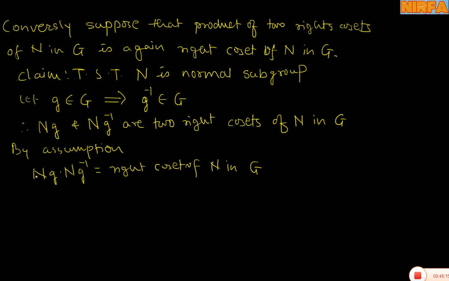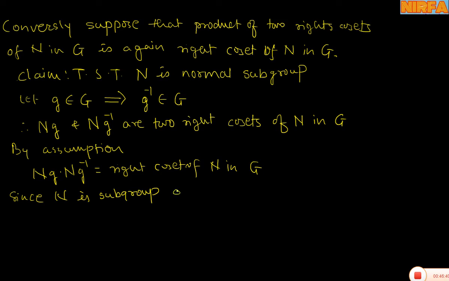Now, who is this N? N is a subgroup. That means the identity element is present in N. No, it is not yet a normal subgroup. It is only a subgroup. We want to show that N is a normal subgroup.